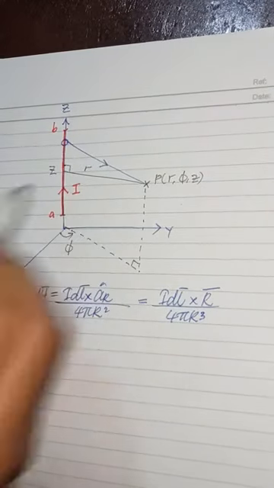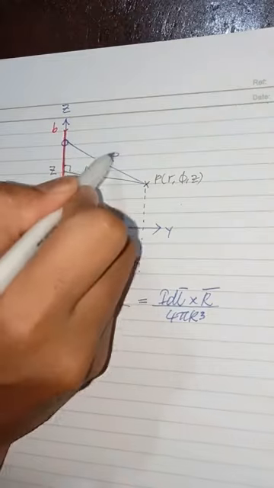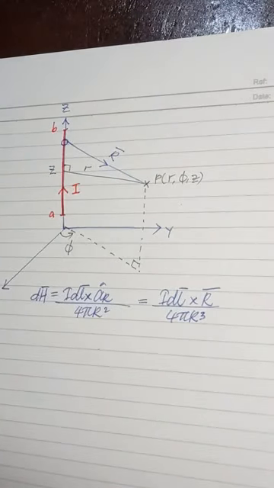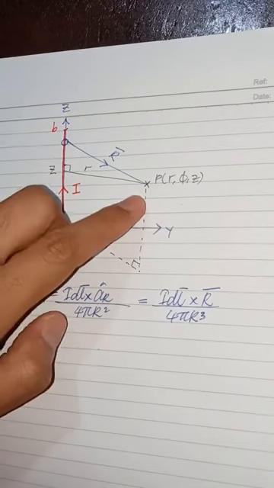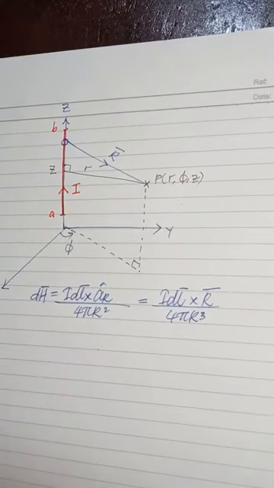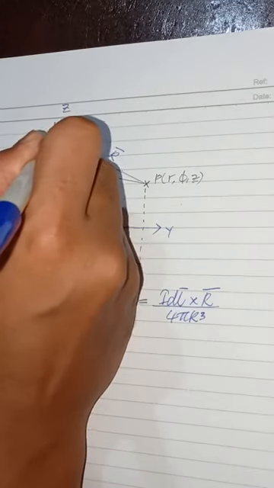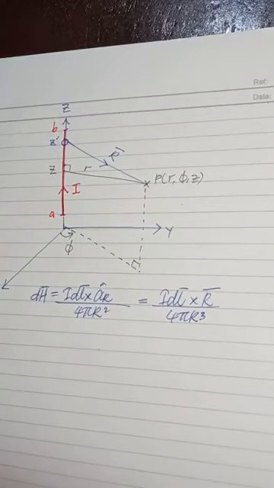That's going to be our R vector. Again, the R vector is the vector joining the current element to the point of interest. Let's say this current element is located at Z prime. It means that the position of the current element could be anywhere along the line current from A to B.